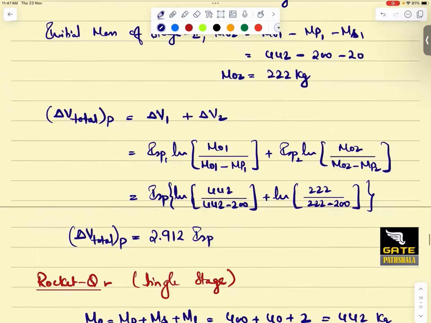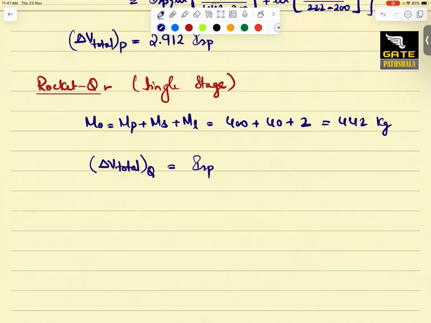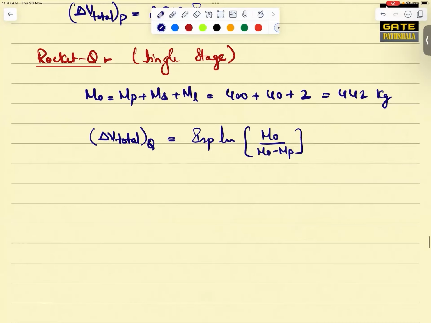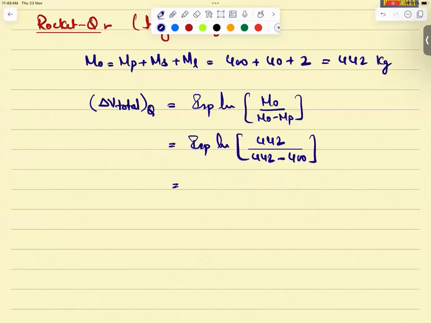Delta V total for Q is ISP into ln of M0 by MB, where MB is M0 minus MP. So that is ISP into ln of 442 divided by (442 minus 400). That is 2.353 ISP. That is delta V for Q.